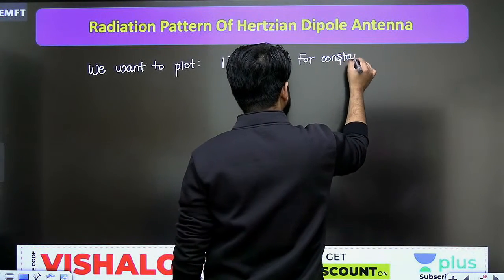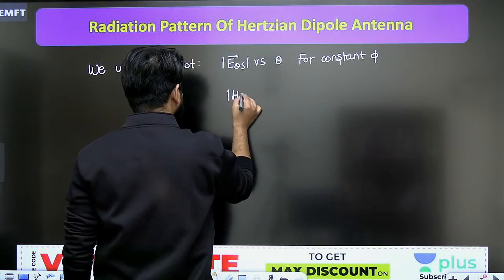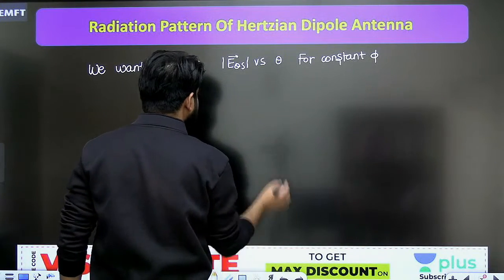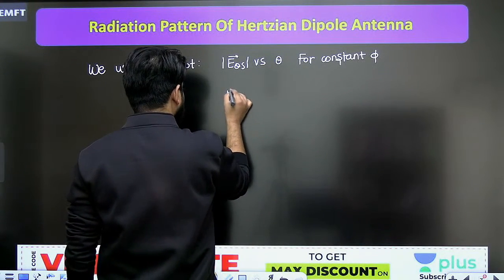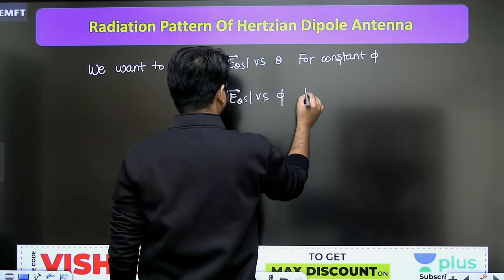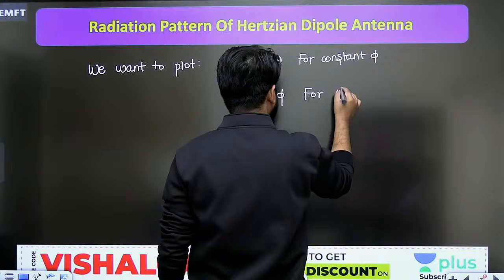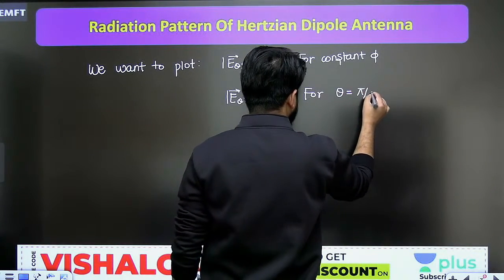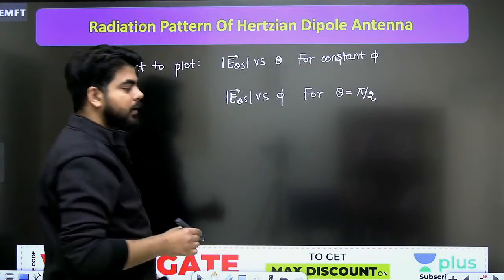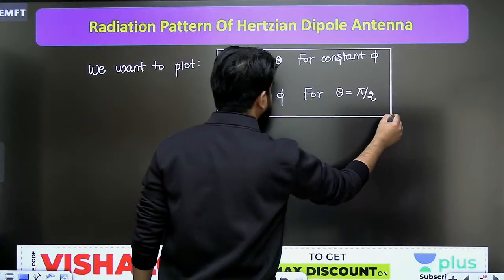Okay, this is something which we want to plot, and mod of H phi, which is mod of E theta s, versus phi for theta equal to pi by 2. Okay, ये हमको प्लॉट करना फाइनली. This is something which we wanted to plot. सो लेट अस ट्राई टू प्लॉट दीज थिंग्स one by one.